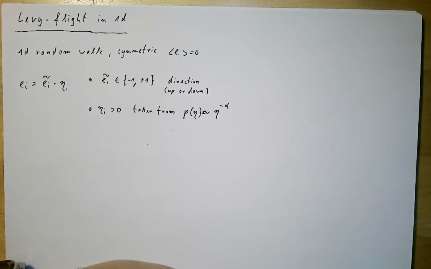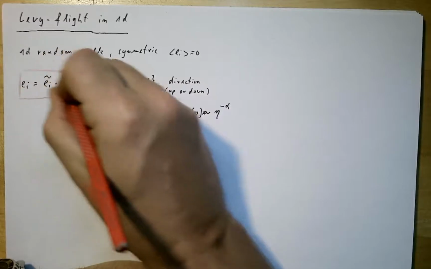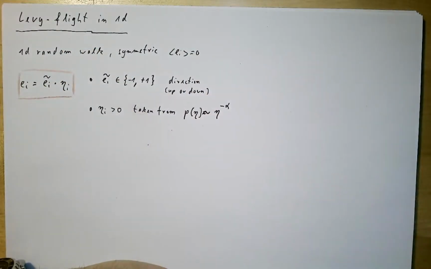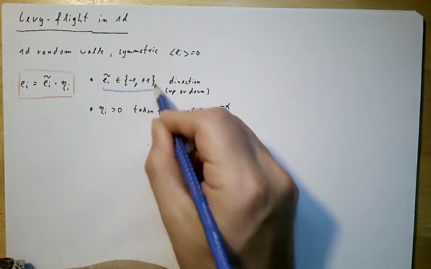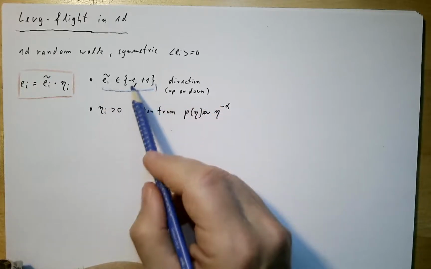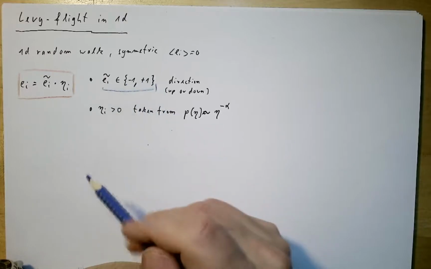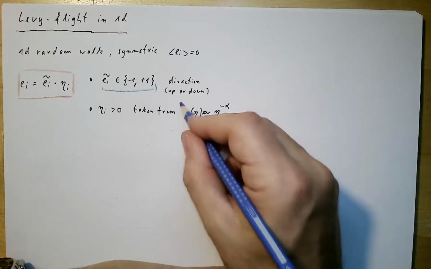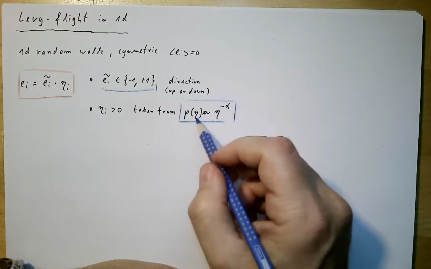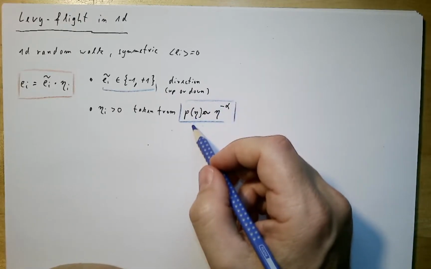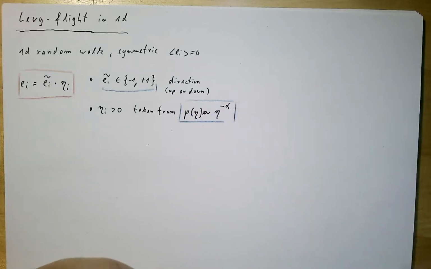So that's our model for the Levy walk, and we have 2 contributions. We have a sign, which is just random, plus or minus, uncorrelated in every step. And then we have the length of the increment, and the lengths are taken from a power law distribution.